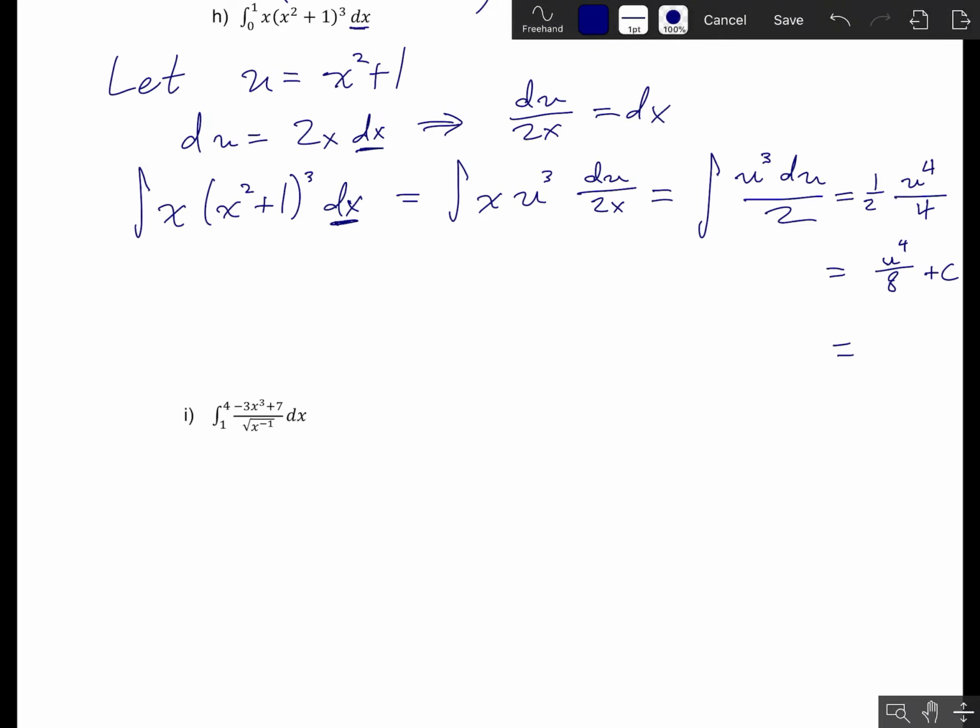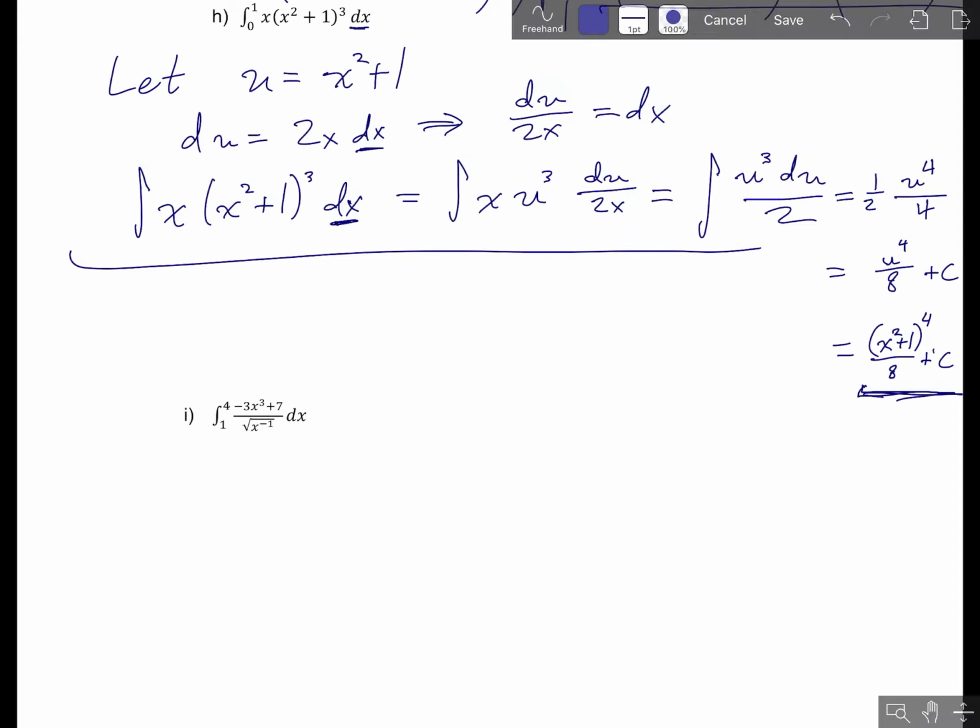So this would be u to the 4th divided by 8 plus a c. And then we should back substitute the original value of u, which was x squared plus 1. So we'll get x squared plus 1 to the 4th power divided by 8 plus a c. So this is the family of antiderivatives here for any value of c that you want to choose.